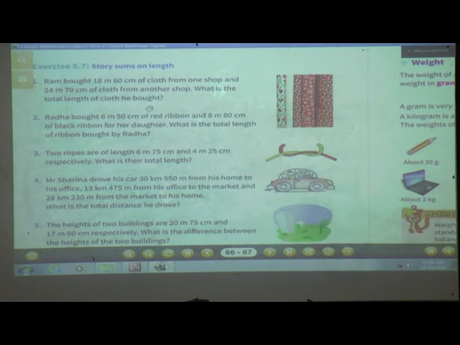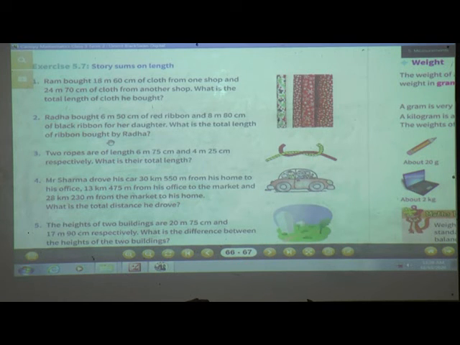Now see the second example. Read the question. Radha bought 6 meter 50 centimeter of red ribbon and 8 meter 80 centimeter of black ribbon for her daughter. What is the total length of ribbon bought by Radha?